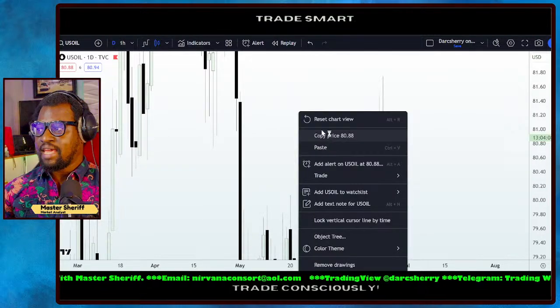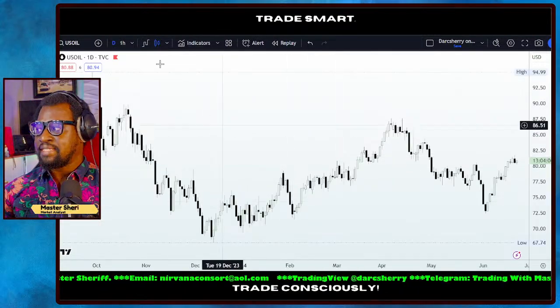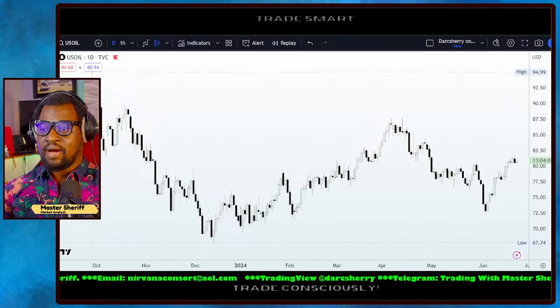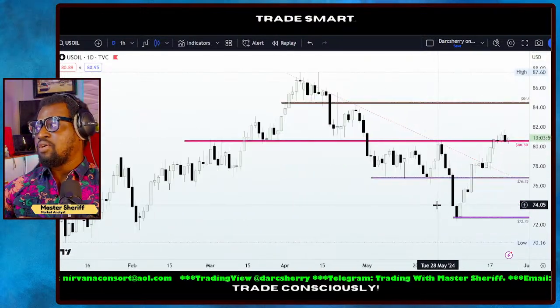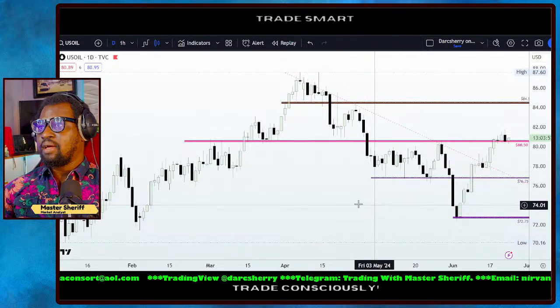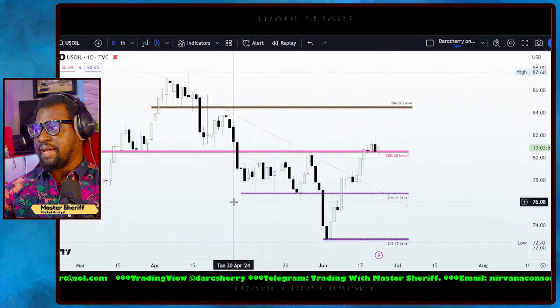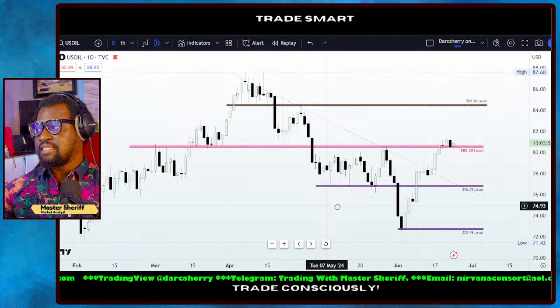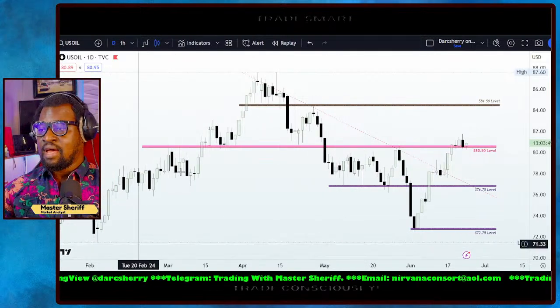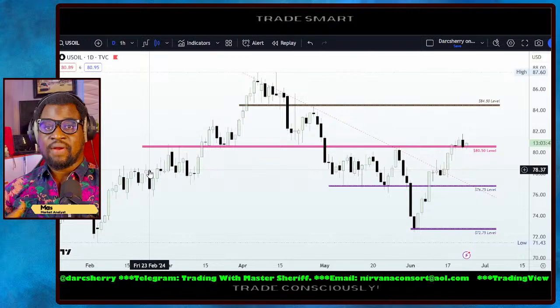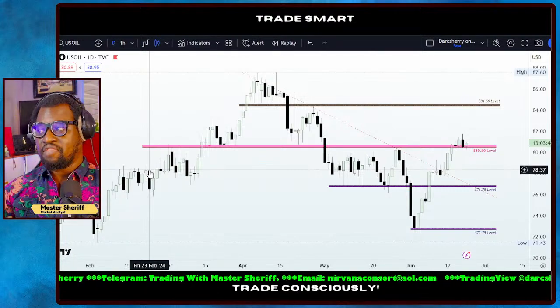Now, scaling up here into the higher time frame, I think I started my analysis on the daily time frame. I guess yes. On the daily time frame here, this is the structure I was able to come up with after taking into consideration the character of price action since the month of February.